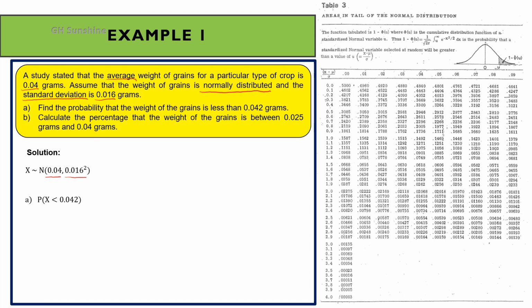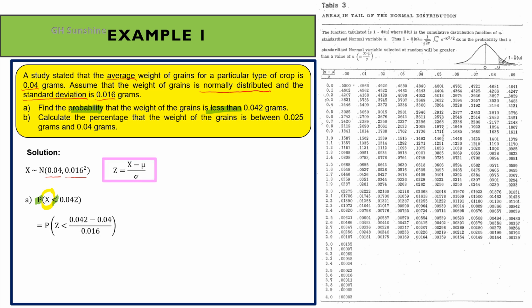So look at here, P means probability. The symbol here is less than, so less than 0.042 grams. So this one, X transforms to Z. To transform to Z, you use Z equals X minus mu over sigma.